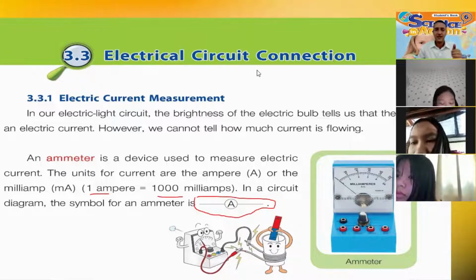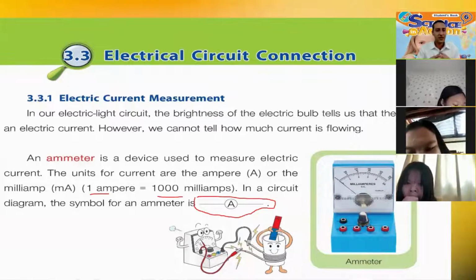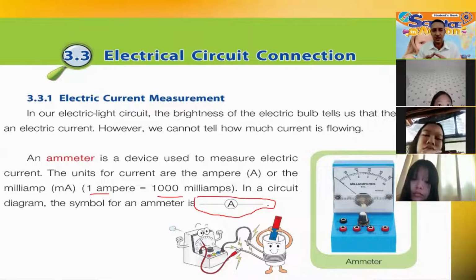All right. Now I repeat one more time. Electric current measurement. How do we measure the electric current? In our electric light circuit, the brightness of the electric bulb tells us there is electric current, right?